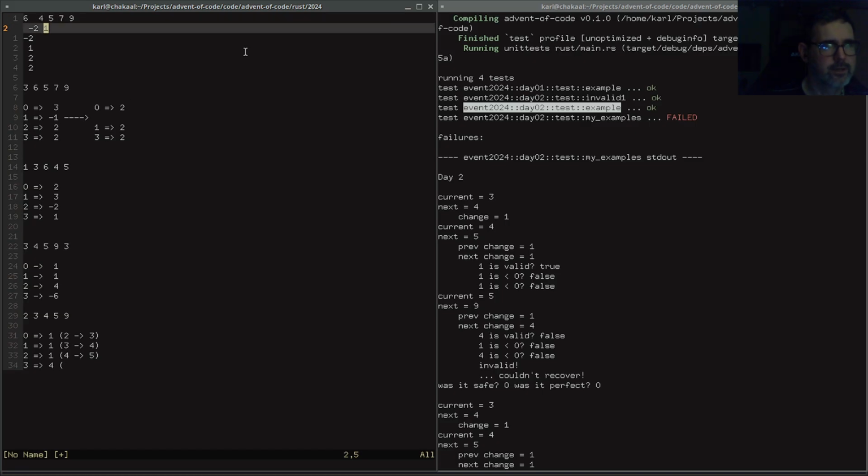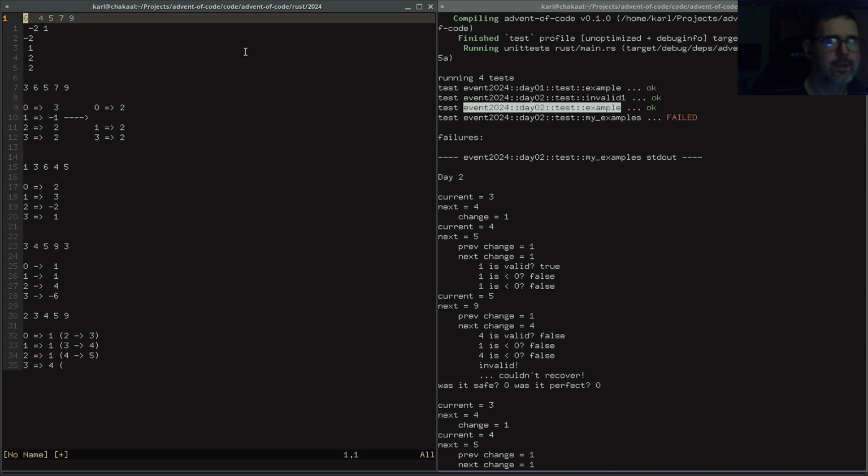The answer here is that this is an invalid transition, but only because we assume this one is valid. So the answer is to throw out not this one, but the one even further back. So that's where I realized what I was doing wasn't really going to work.